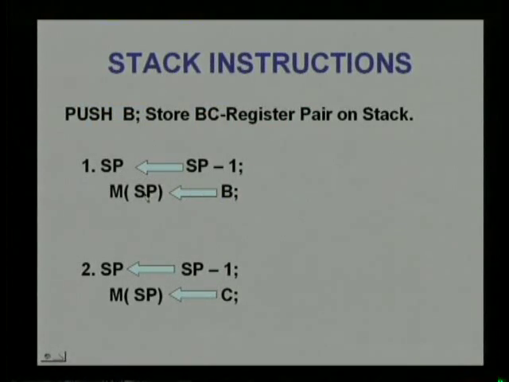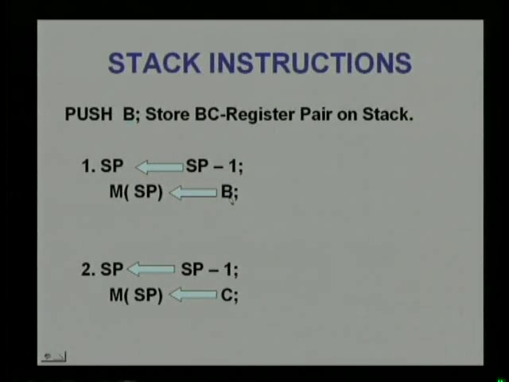Now let us take one instruction, push B, and see how it is executed. While execution of this push B instruction, in the first step, microprocessor decrements stack pointer by 1, that is stack pointer becomes stack pointer minus 1. Then higher order register of the specified register, in this case it is BC, so B will be the higher order register.